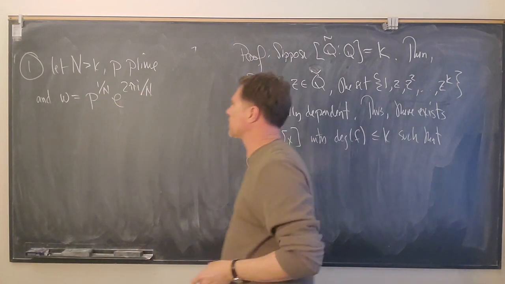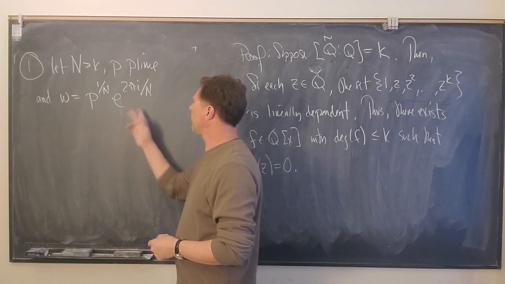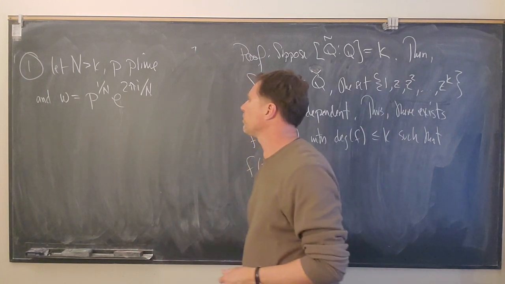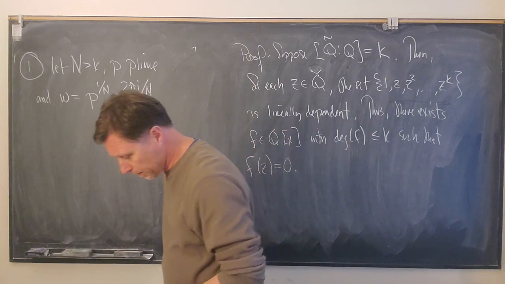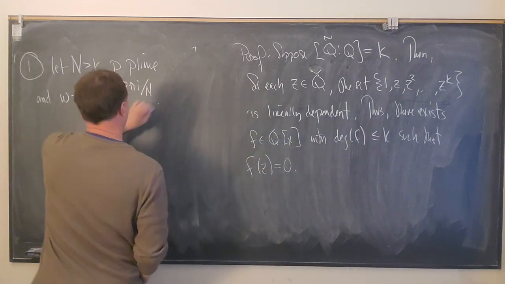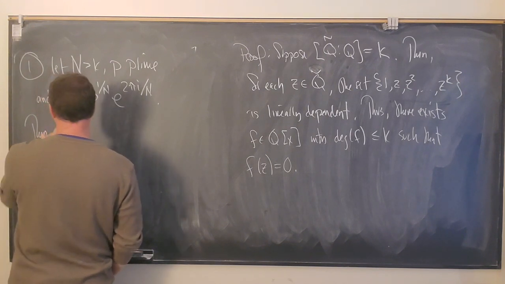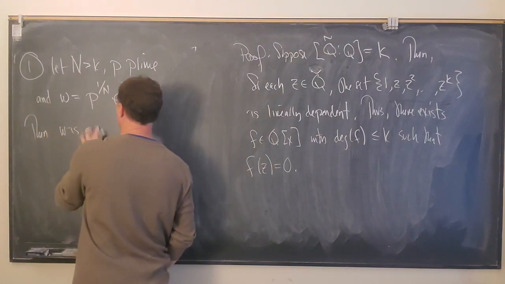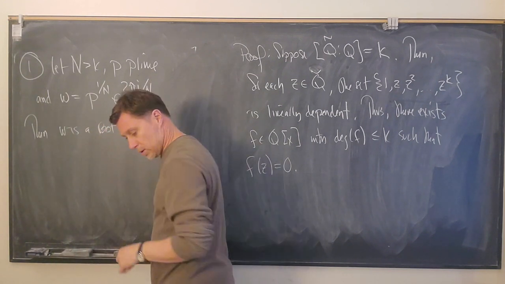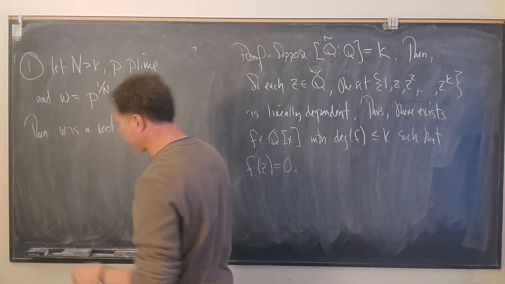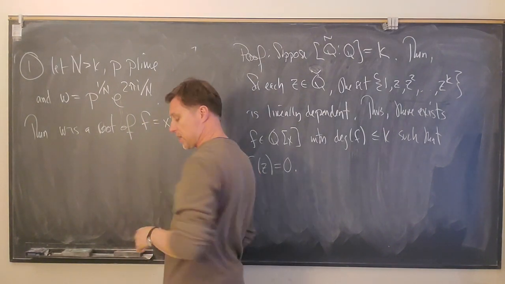So it's just this complex number right here. It's not a root of unity, but it's a root of the polynomial z to the n minus p. So then w is a root of the polynomial, I'll just call it f, which is x to the n minus p.